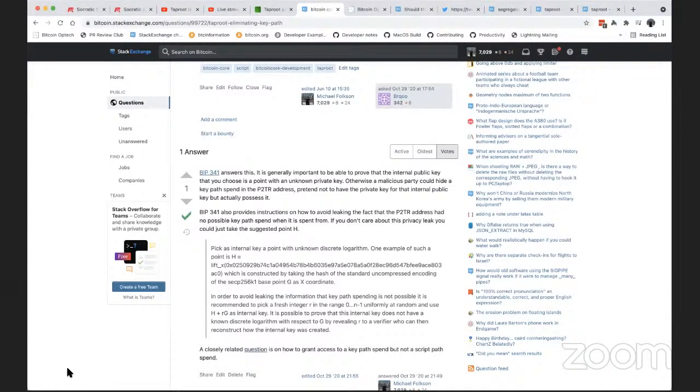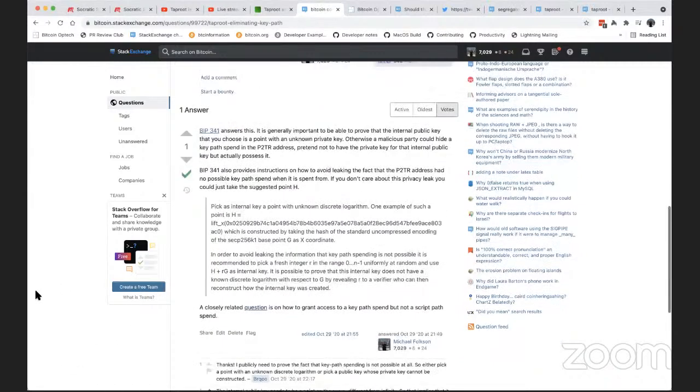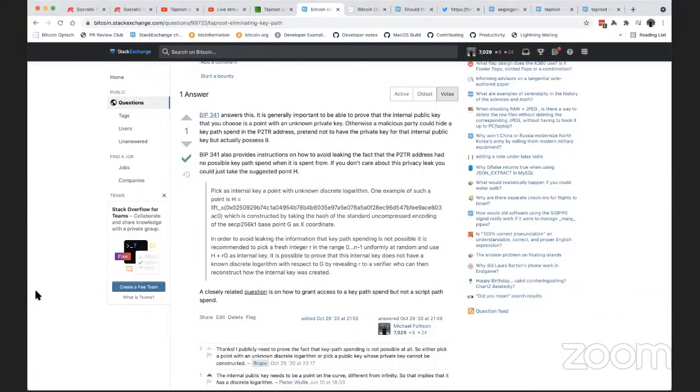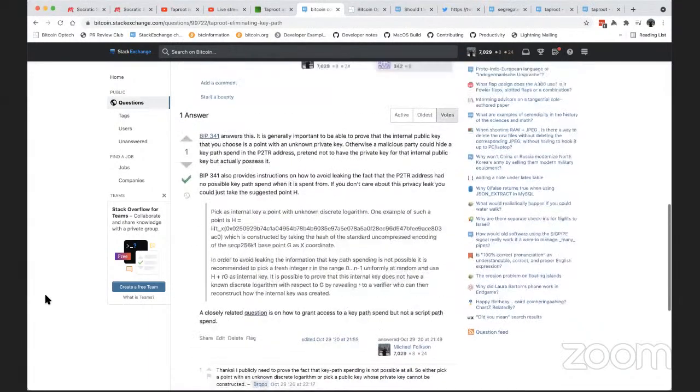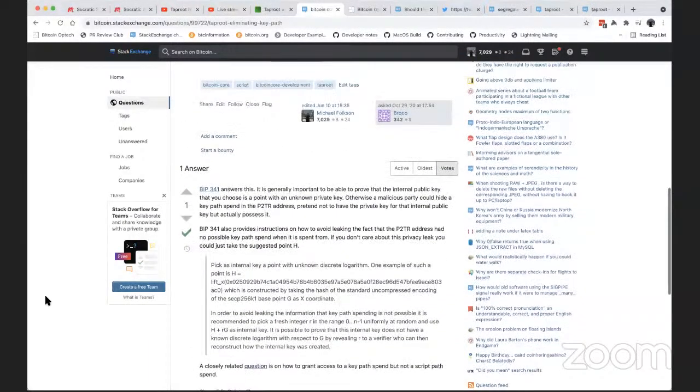So if you don't want the key path spend, because BIP 341 still requires an internal key to do the tweak against, your internal key needs to be one just known as a NUMS number, a nothing-up-my-sleeve number. It's just a pubkey that no one knows the private key for.